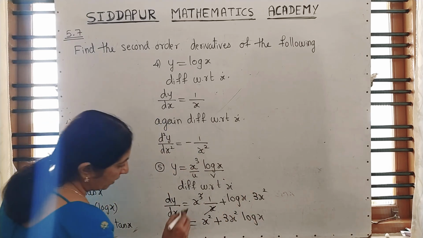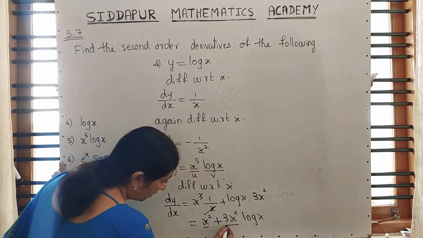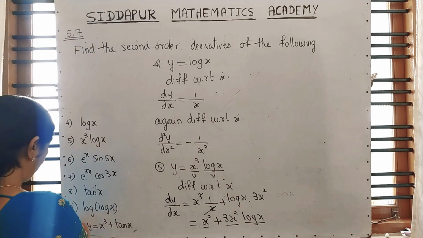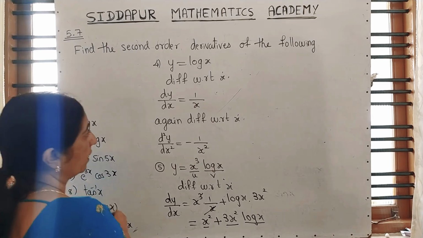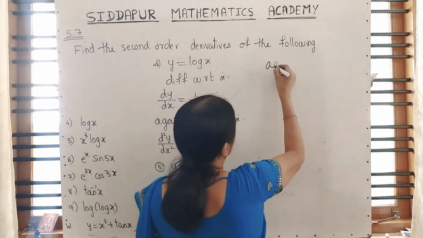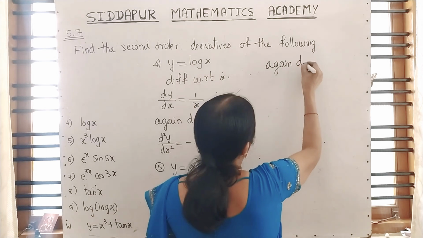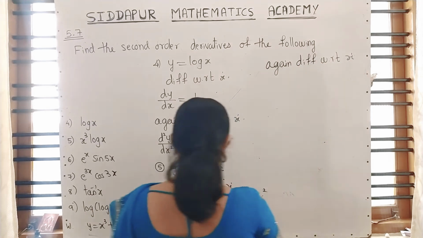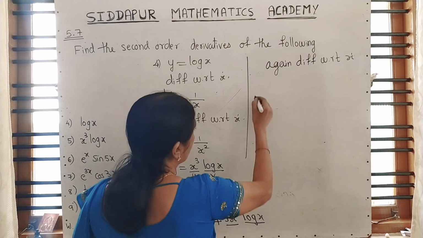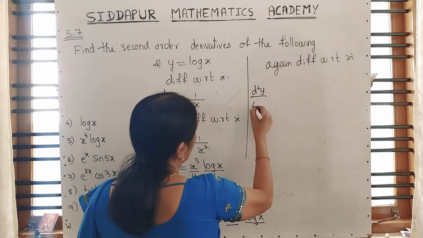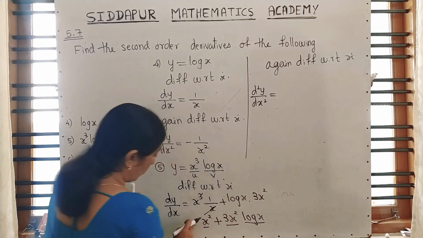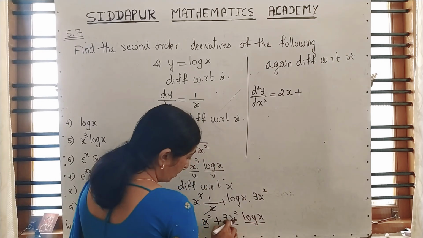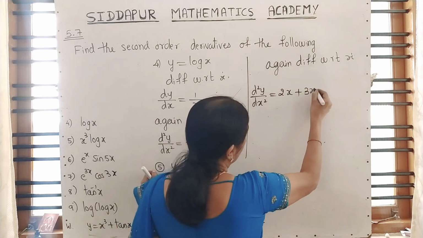When you are differentiating again, take this separately. Here this is u, this is v. See, again differentiating with respect to x. How will you write? d square y upon dx square is equal to differentiation of x square is 2x, plus 3x square as it is.